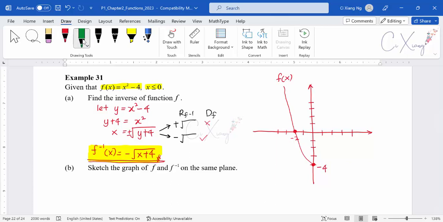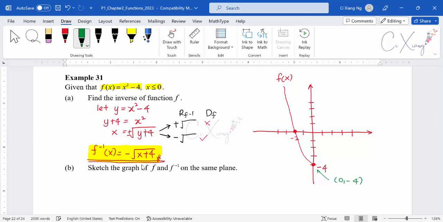Okay, then if I want to sketch f inverse, some students will try to figure out how to sketch negative square root of x plus 4. Again, it depends on the individual, but I feel that I want to use a shortcut where swapping the coordinates is quite convenient. So I will swap the coordinates only. For this one, I have 0 and negative 4, right?